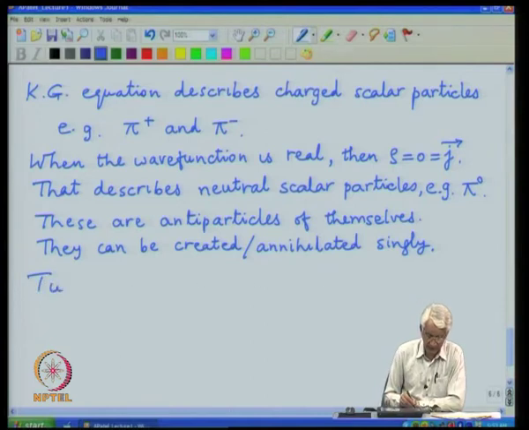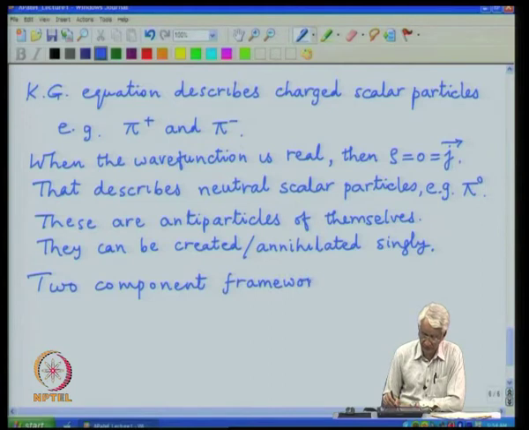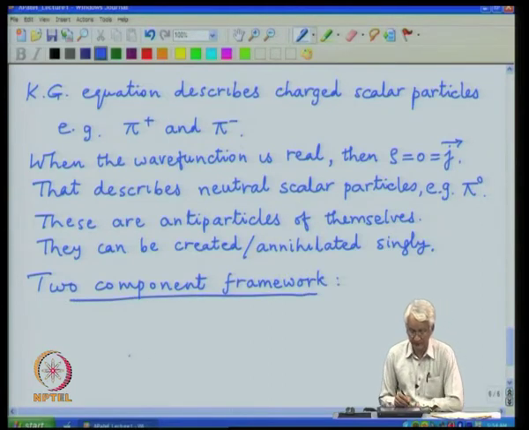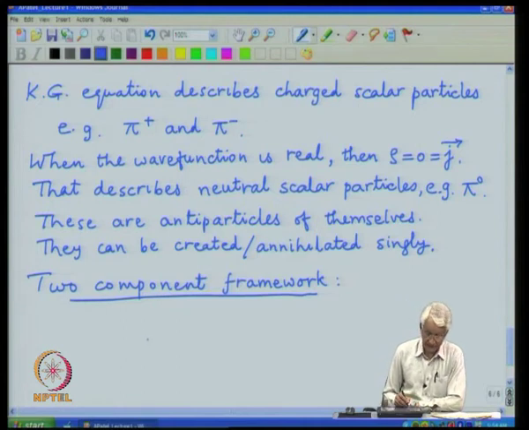I will call this reformulation a two component framework, and the two components we are going to deal with are essentially the particle and antiparticle degrees of freedom.